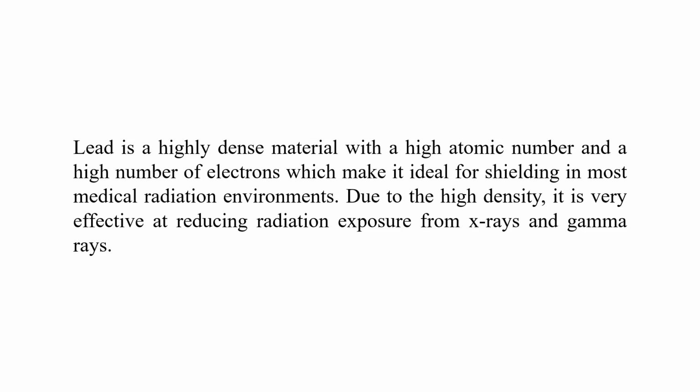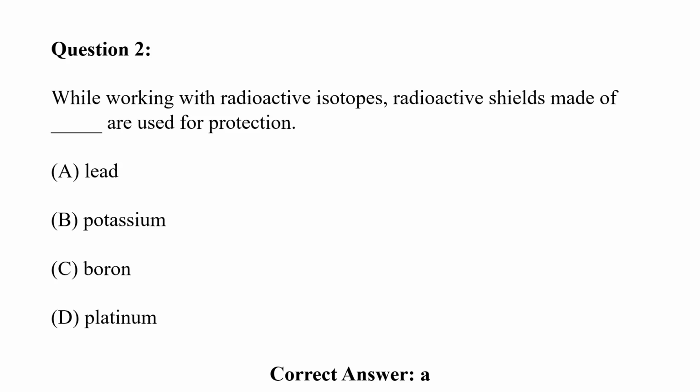And once it has a high number of electrons, it makes it ideal for shielding in most of the medical radiation environments. So, since it has high density, it is very effective at reducing radiation exposure. So it can effectively reduce the radiations, and thus is used in making all the shields that can protect you against the radiation.